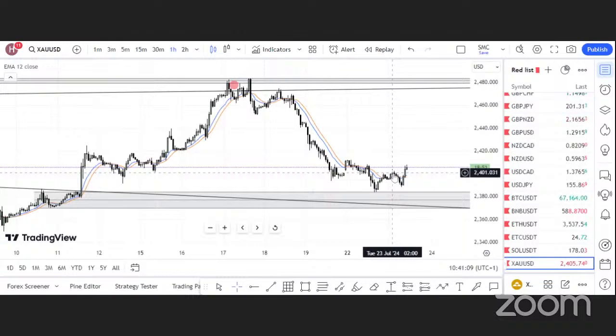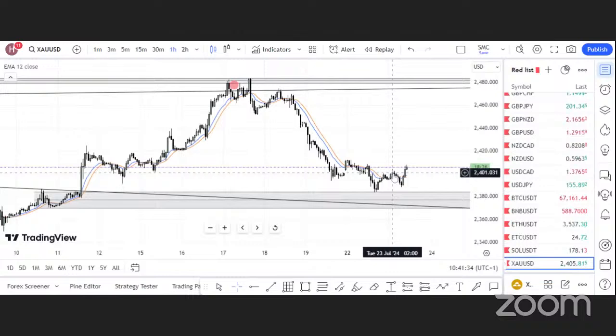But I don't go as far as using the daily time frame because, for me, I believe you don't really need the daily time frame if all you are doing is taking advantage of the market for the day. If you're not going for a long trade, holding a trade for days, I don't see any reason why you need to use the daily time frame.